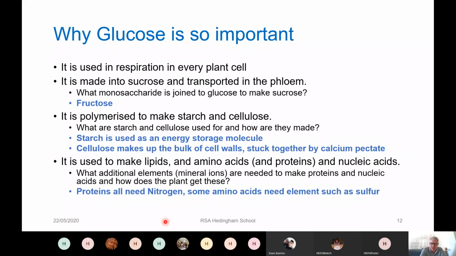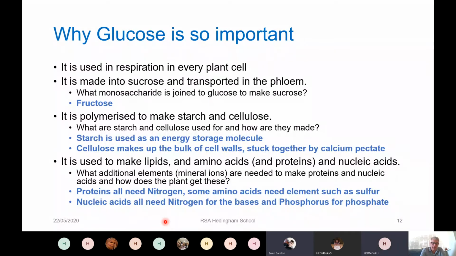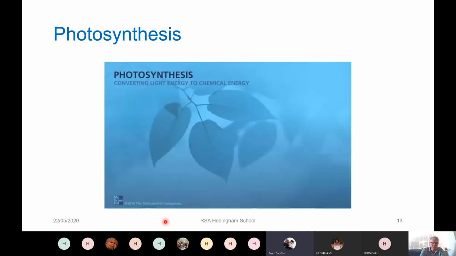Some amino acids need things like sulfur. They all need nitrogen for the nitrogenous bases, the 4 bases, and phosphorus for the phosphate groups as well. So how do plants take in those? Active transport. Hopefully we're trying to bring together some of the different things you've covered in the last year.